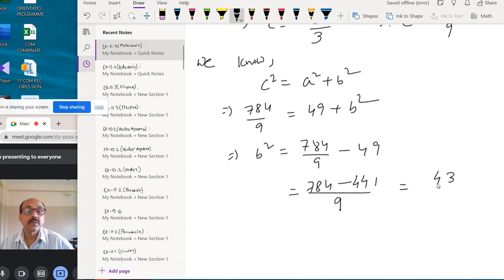So b square equal to 343 by 9, and a square is 49.